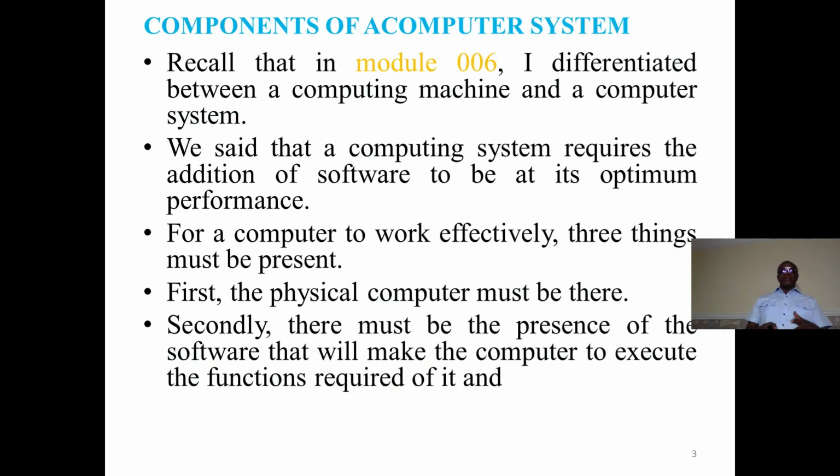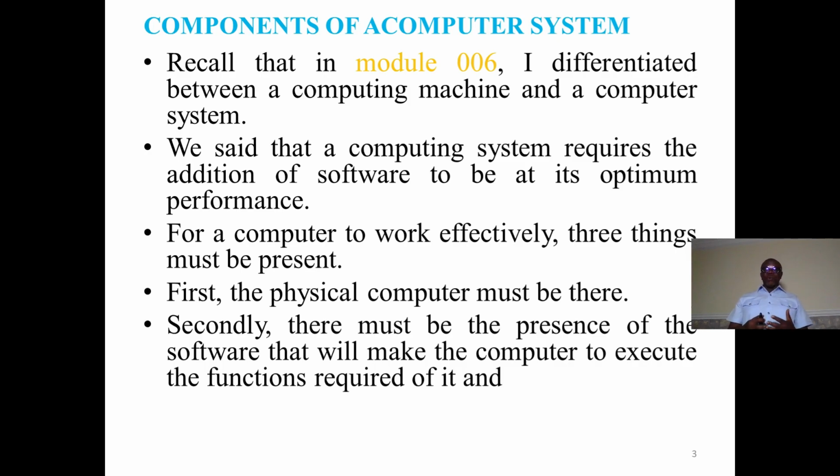So today we are continuing with the components of a computer system. And if you recall, in our module 006, I differentiated between a computing machine and a computer system. I said that a computing system requires the addition of software to be at its optimum performance.